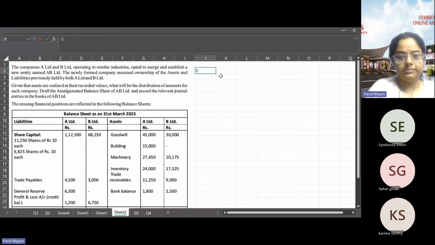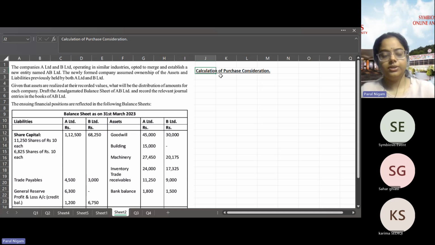Our first step will be calculation of purchase consideration.